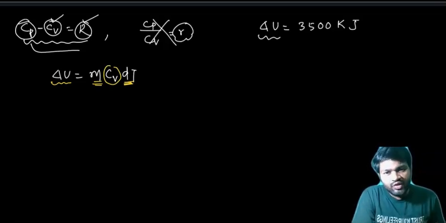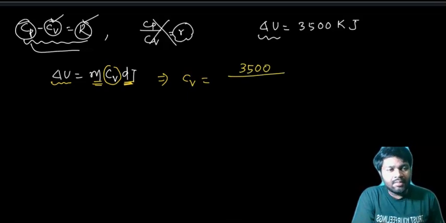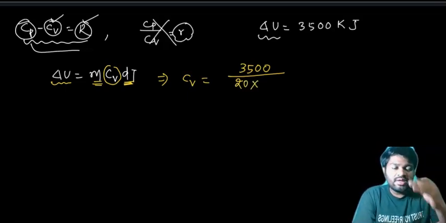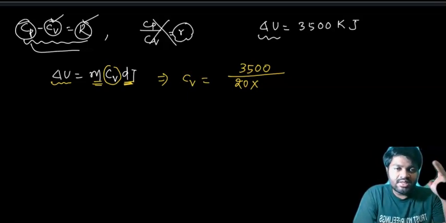Cv will be equal to del U, that is 3500, divided by M, which I think was given as 20 kg, so 20 into dT. dT will be final temperature minus initial temperature.